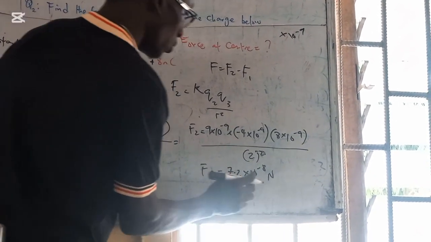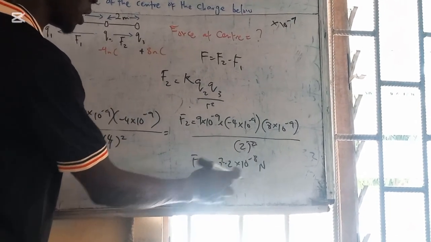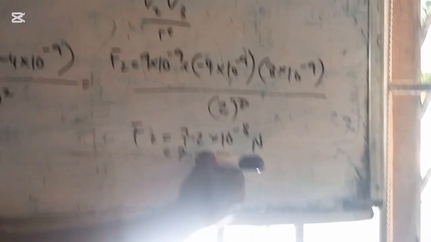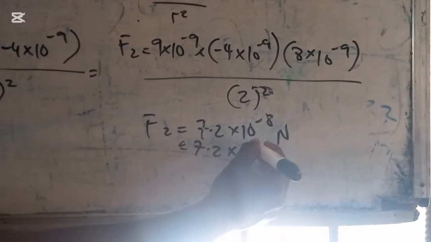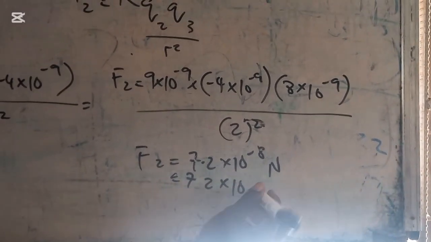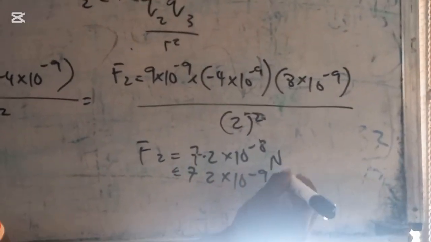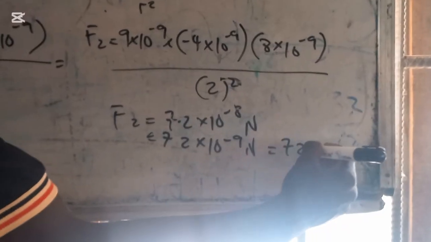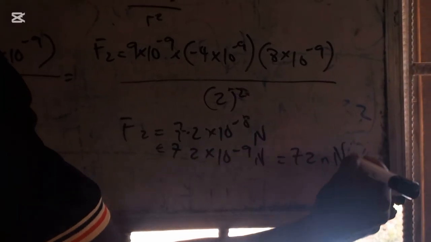So you can bring this point here and make it turn to minus 9. This is going to be nano. So I can say 72 times 10 to the power minus 9, which is still the same thing as 72 nanonewtons.